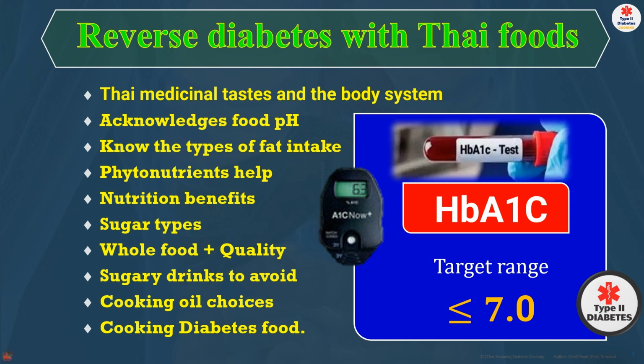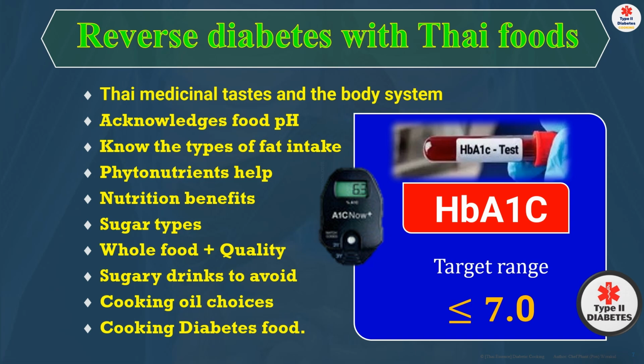I know the type of fat intake. I know the phytonutrients and nutrition benefits, sugar types, whole food quality. So we're going to go into that system, sugary drinks to avoid, and the cooking oil choice that we need to pick when deciding what kind of thing you're going to use, cooking diabetic food.